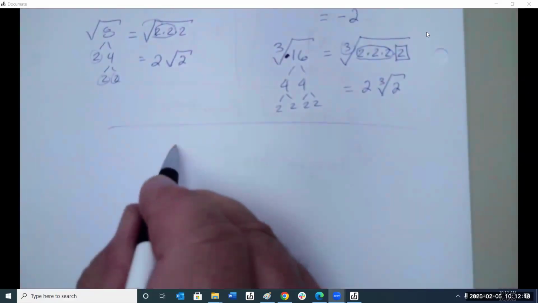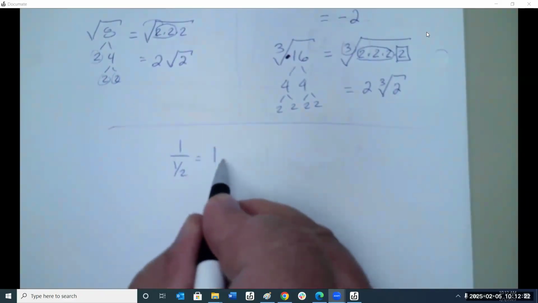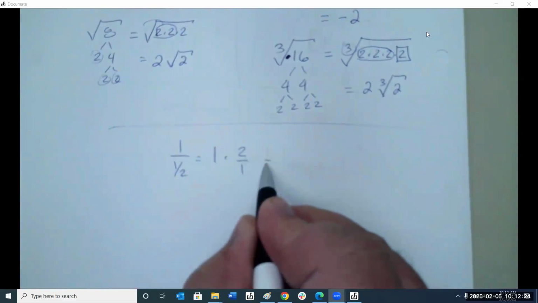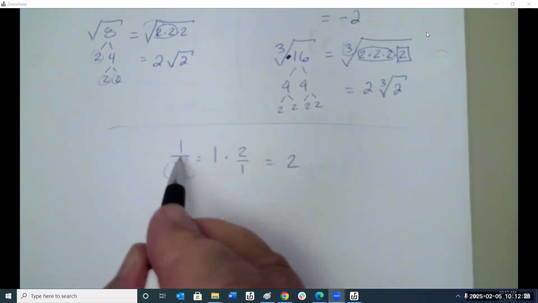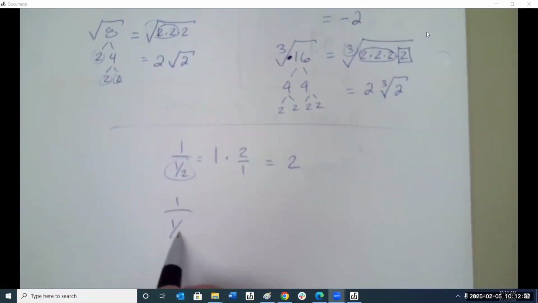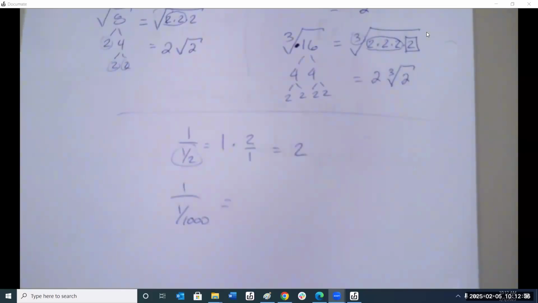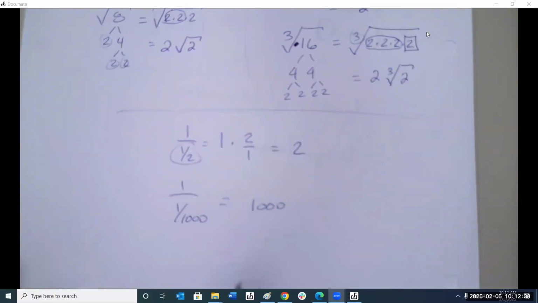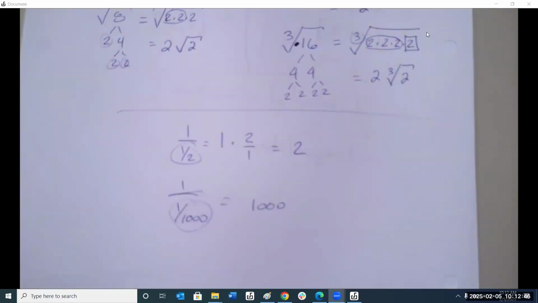If I had 1 over 1/2, take the top, leave it alone, and flip the bottom, it would equal 2. So whenever you have a fraction on the bottom, flip it. If I had 1 over 1,000 on the bottom, it would equal 1,000. Because my denominator is a fraction. If it's a fraction, then I flip it.